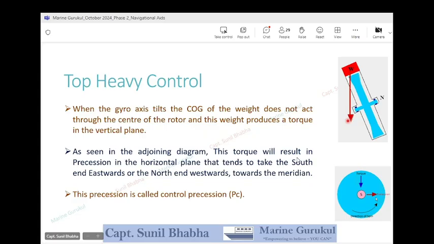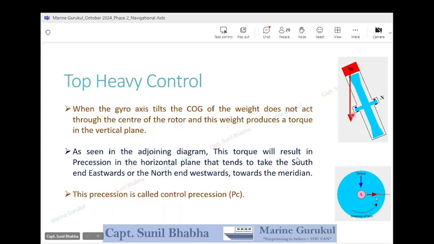And this weight now produces a torque in the vertical plane. And as you can see in this diagram, the torque is going to result in precession.